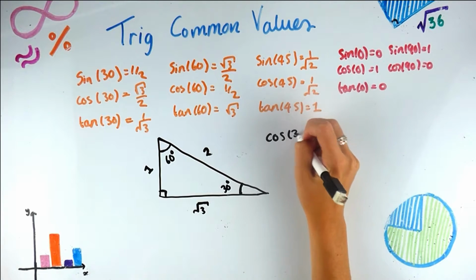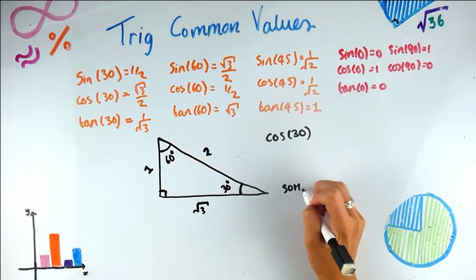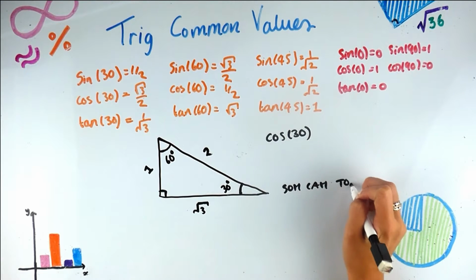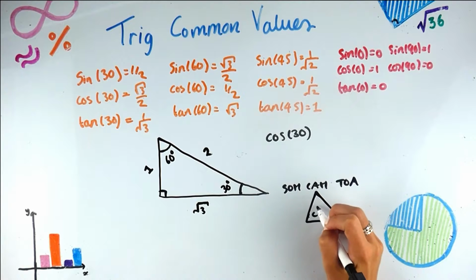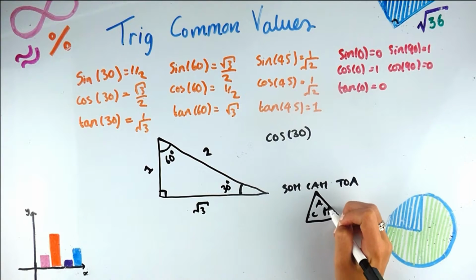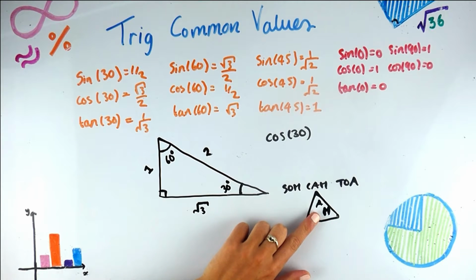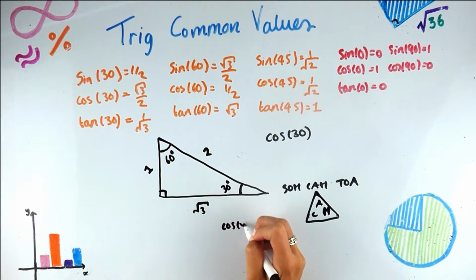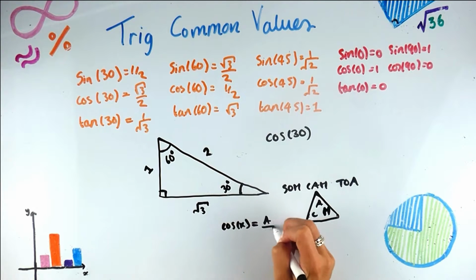Let's say I'm in my exam paper and I get asked for cos 30 and it's not a calculator paper and I'm panicking. So I draw this triangle out, and if we write out SOHCAHTOA, I want the CAH one, so the formula triangle looks like this. I'm looking for the cos value, so I cover it up. So I know that cos of x, of the angle, is the adjacent divided by the hypotenuse.